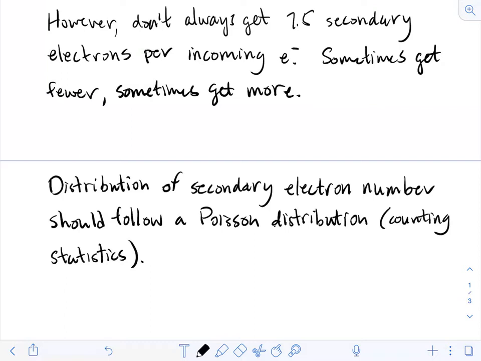Okay, and so what we can do is, in our simulation, instead of always getting 7.5 electrons for each incoming electron hitting the dynode, we can draw a number from a Poisson distribution that has the right average value. Okay, and so we'll see how we implement that.